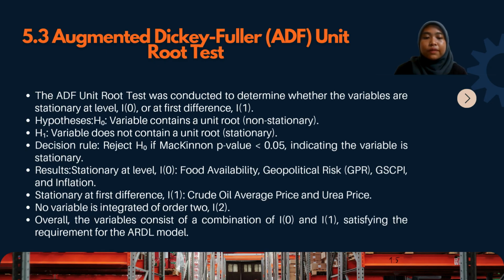Meanwhile, crude oil average price and urea price are not stationary at level but become stationary after the first difference, meaning they are integrated of order 1, or I1. Overall, the findings show that the variables consist of a mixture of I0 and I1 with no variable integrated at I2. Therefore, the data satisfy the requirement for estimating the ARDL model and the analysis can proceed to the next stage.